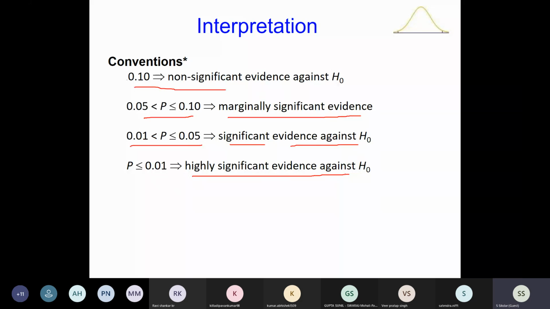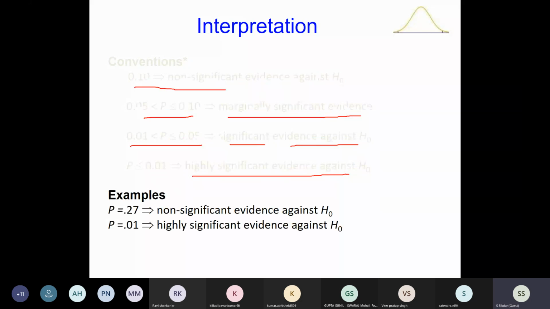So these are the conventions generally followed. Just like 0.27, it doesn't lie within this, so non-significant evidence against H0. And 0.01 lies here: highly significant evidence against H0.